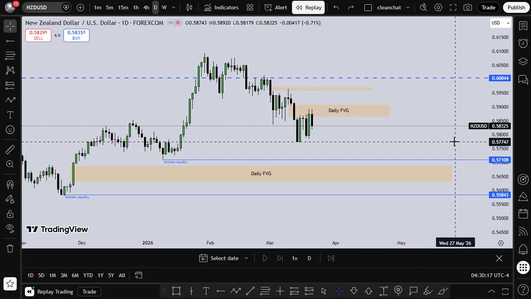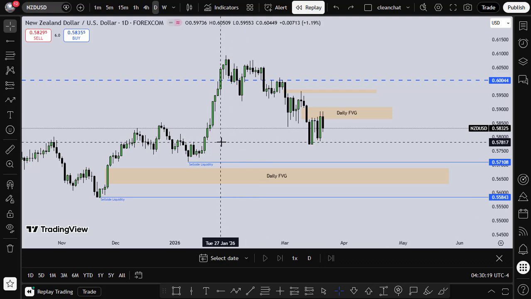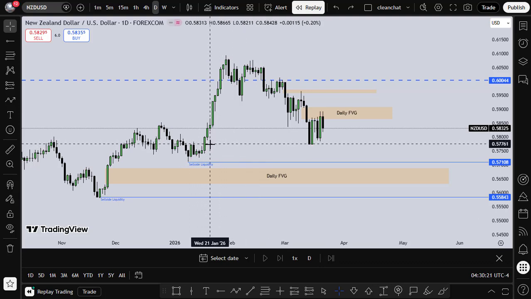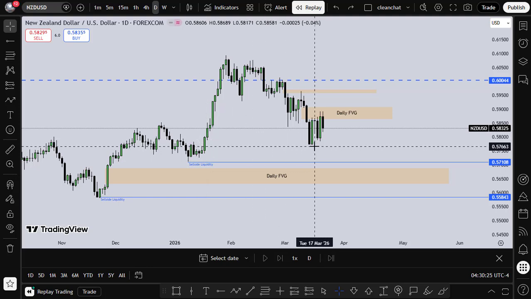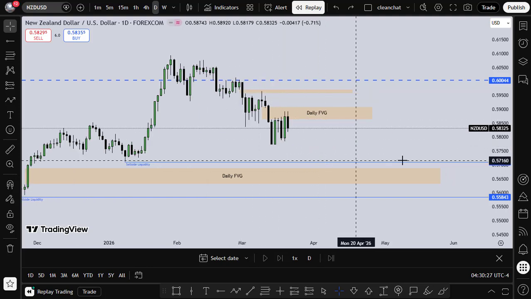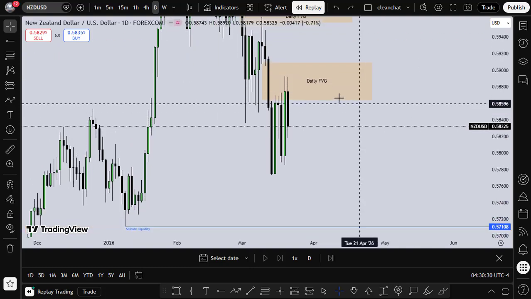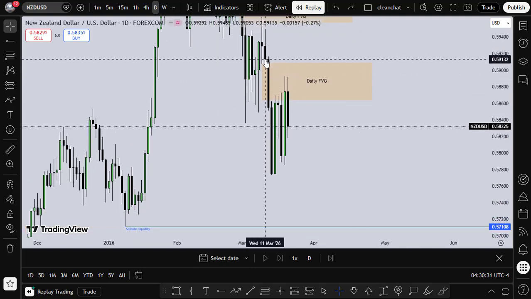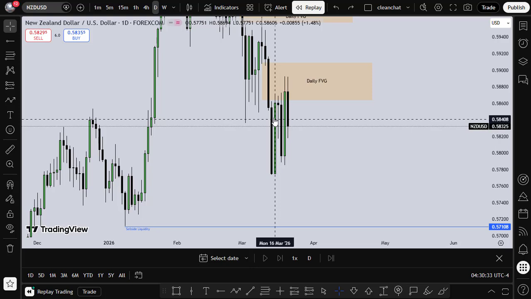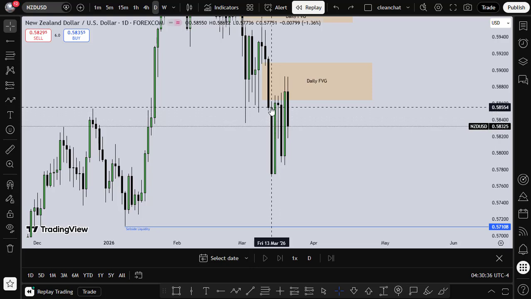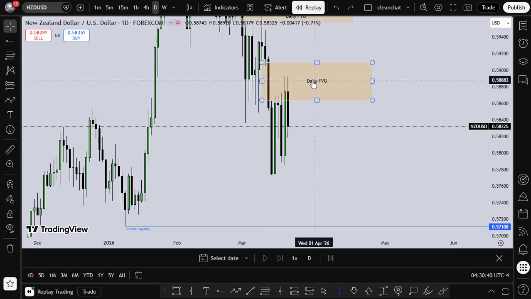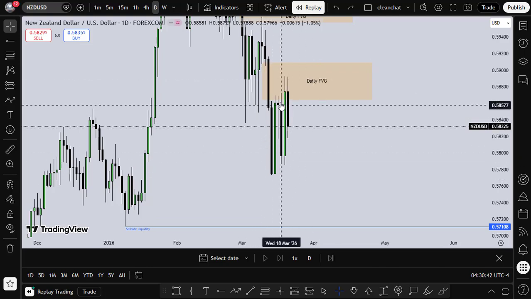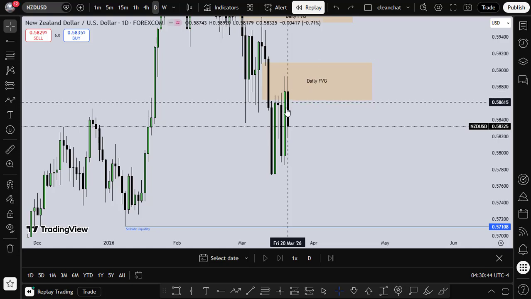We had price reaching out to this fair value gap right here where my cursor is, and then as you can see, price respected it and went back into this fair value gap. This candlestick, this one low, and then this candlestick, this one its high. And then we have this daily fair value gap. Price retraced back into it cleanly on Thursday, and then Friday we have this bearish candlestick. That's my blue; yours might be red.